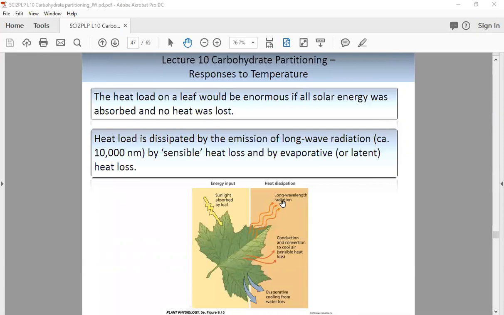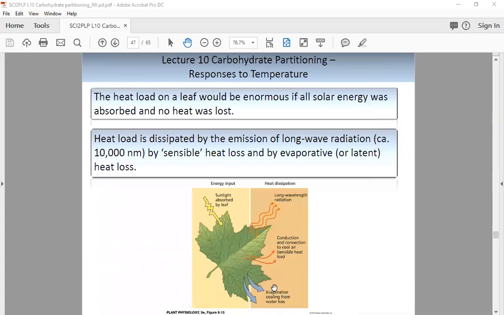Also by what they refer to as sensible heat loss. This includes both conduction and convection of heat to cool air. And then, of course, by evaporative or latent heat loss.